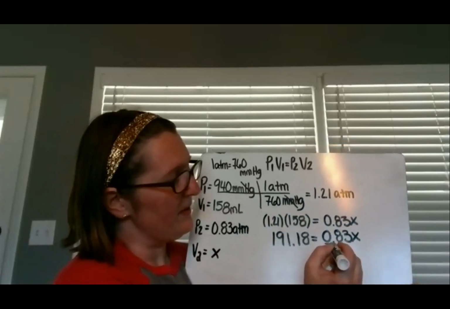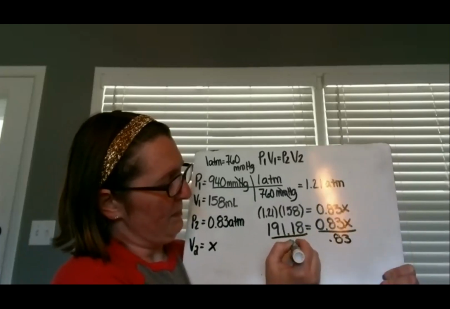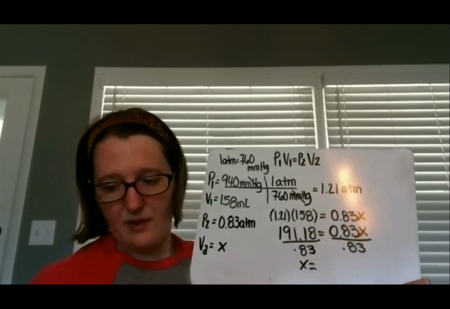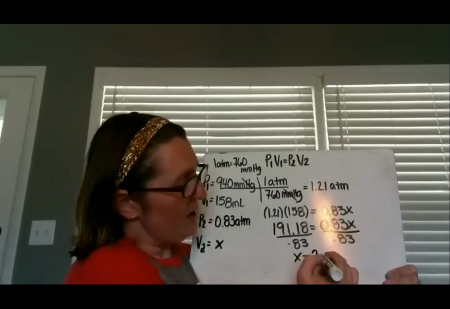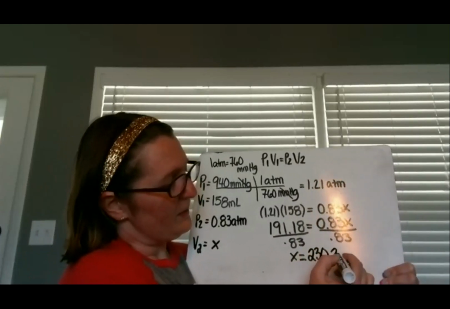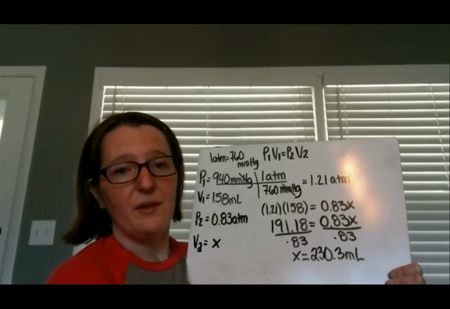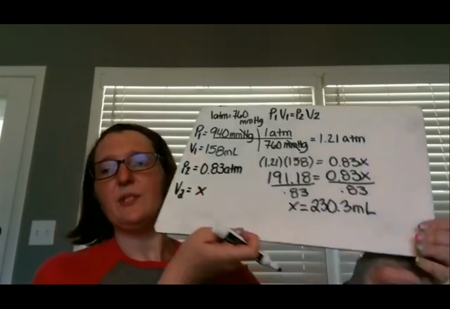So now I'm going to divide by 0.83, and I get that x equals 230.3 milliliters. And yes, my volume did go up. If you have any questions about number 6 on practice 6.2, don't hesitate to email me, remind me, and I can help you with that, okay?